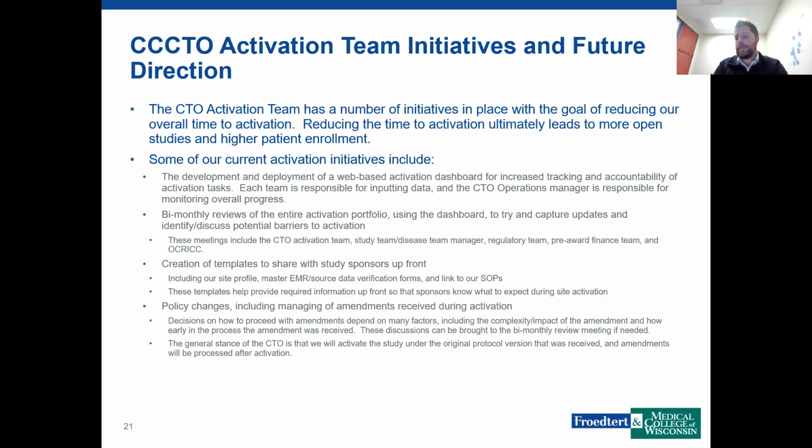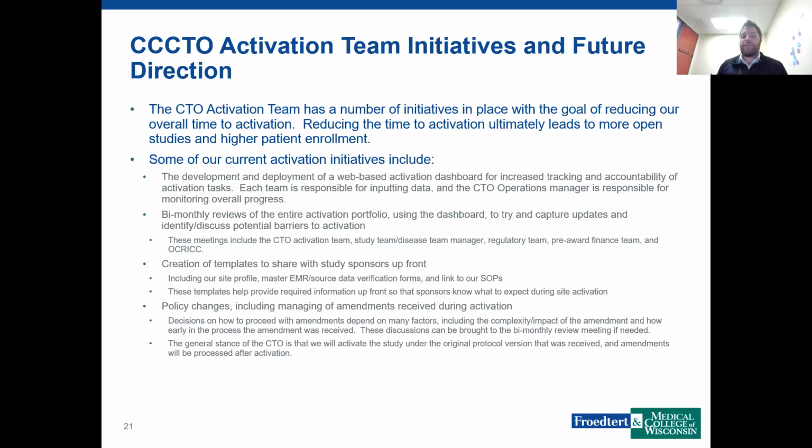And then decisions would include either rolling this amendment into activation, so just proceeding with a new protocol version. We can also proceed with activation under our current protocol version and then process an amendment once we're open.